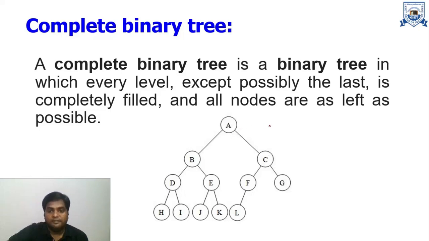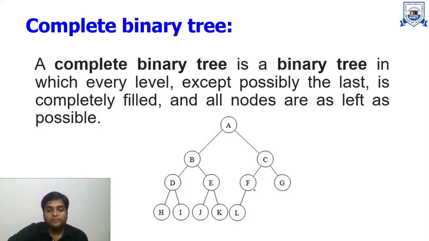Here we have levels 0, 1, 2 and 3, where the upper levels are completely filled, but the last level is not completely filled. But in the last level the nodes are as left as possible. That means if we want to insert a node in the last level, the node must be inserted from left to right.